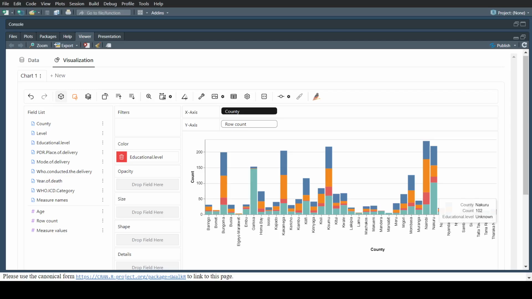It would be worth exploring further for anyone planning an intervention involving that county. In all the counties, you can see there's a lot of variation, but the pattern is clear that most of the women had a basic education level, which is primary and secondary.